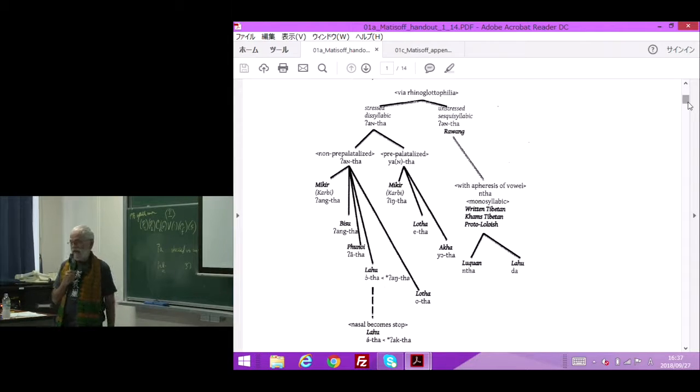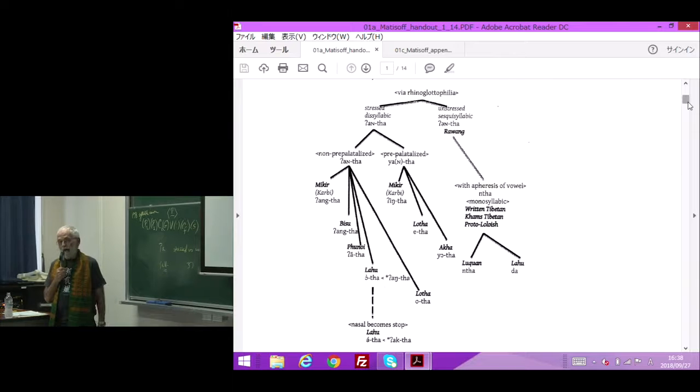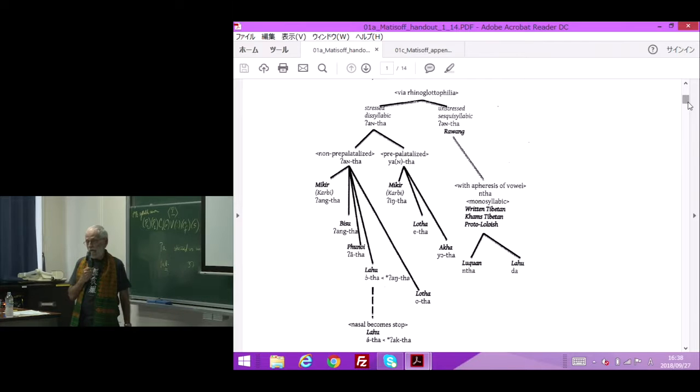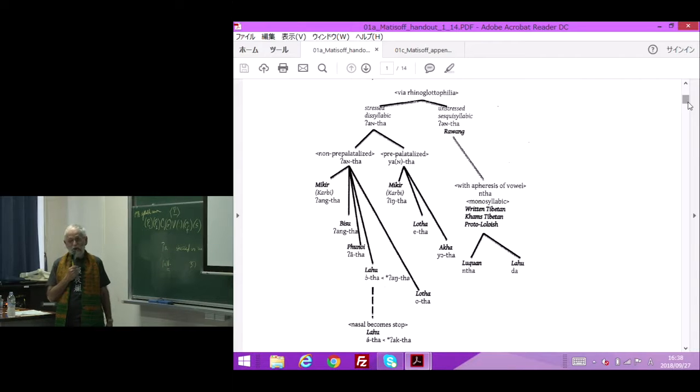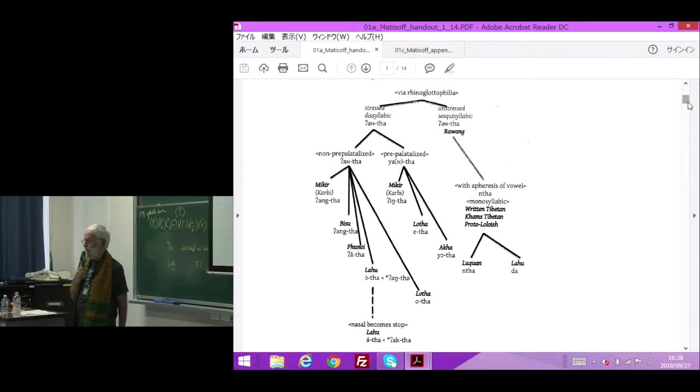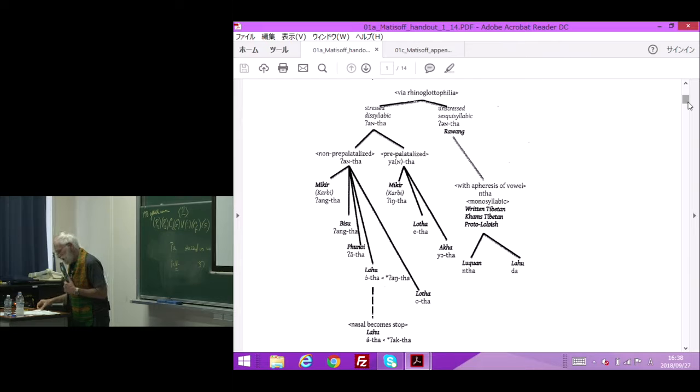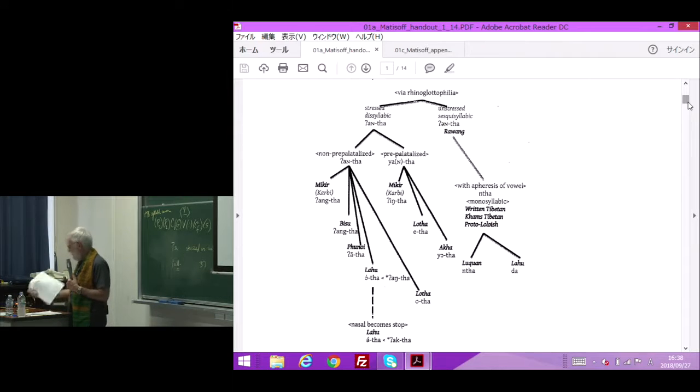I know it sounds like a disease or maybe even a perversion, but by rhinoglotophilia, what I mean is the connection between glottality and nasality, and the interesting fact that syllables with initial laryngerals, H, glottal stop, or zero, very often have allophonic nasalization in them. This is discussed on pages 4 and 5 of the full handout.